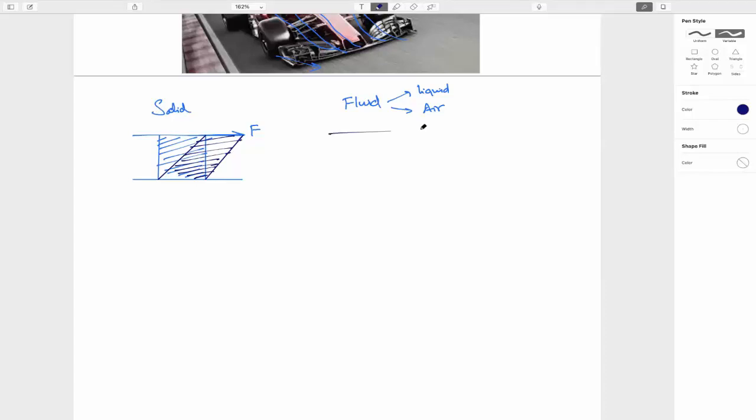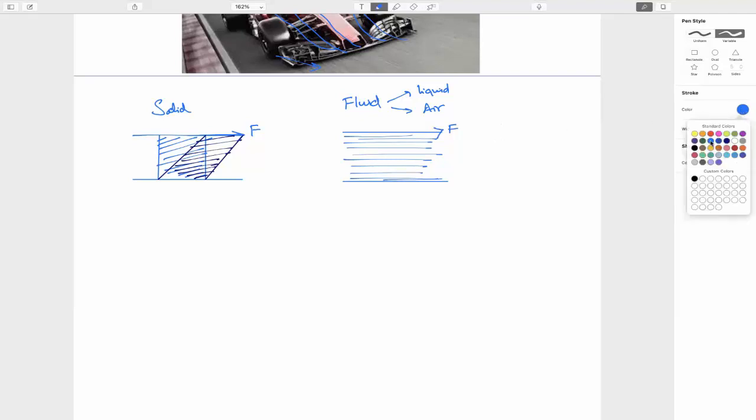But in the case of a fluid, let's say you have a plate and a fluid. I cannot confine a fluid, so it is completely a fluid, and then you apply a shear stress here. Let's say at t equals 0 it is like this.